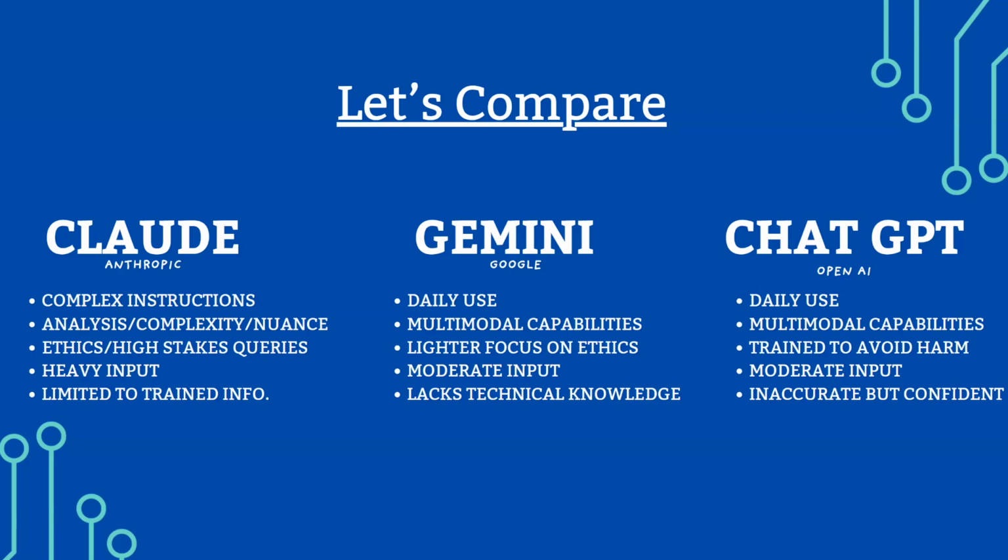Claude is valued for its analysis, its complex way of handling input, and its nuance in the results that it returns. Many people feel that ethics and high stakes queries have been something of a priority with developers. They really wanted to create a tool that they felt was very ethical for people to use and that could handle sensitive queries as well as that heavy input.